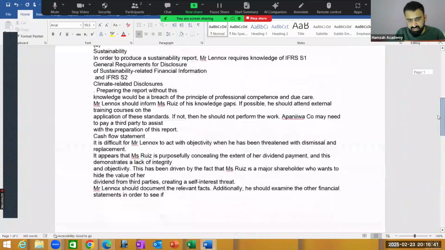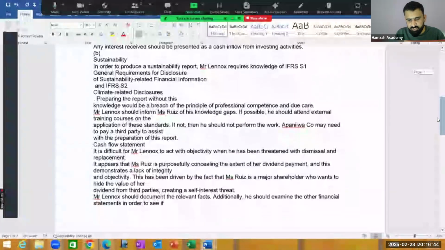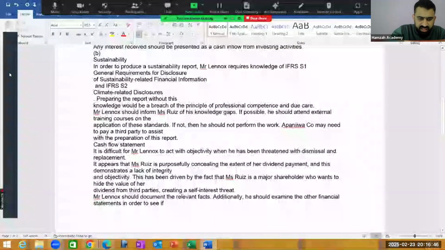So I have some written answer as well, especially if you focus on the ethical aspect.